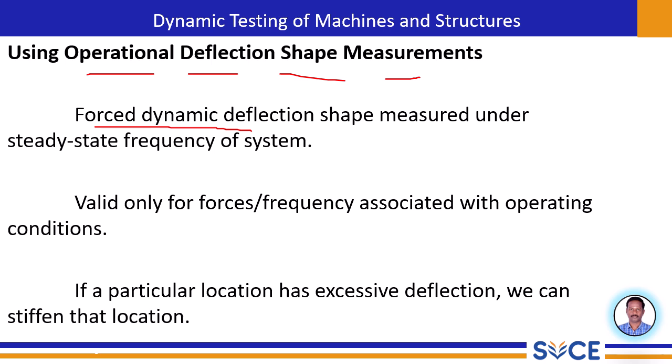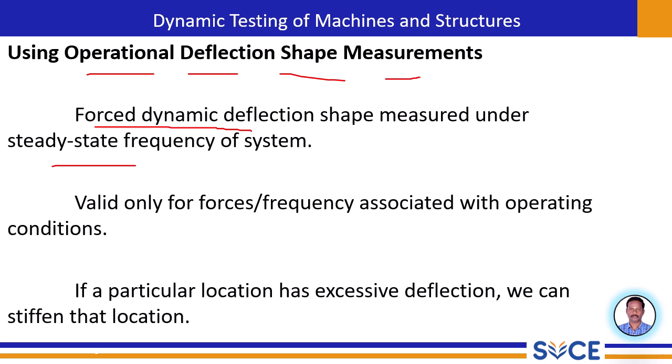It means we are observing the pattern of deformation that occurs when the system is subjected to normal operating forces and it is vibrating at a particular steady state frequency. This isn't about the structure's inherent tendency to vibrate in isolation. It's about how it is actually moving when it is doing its job.